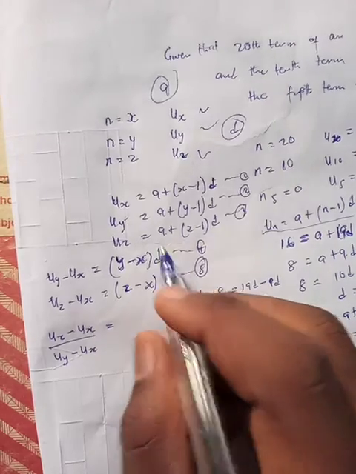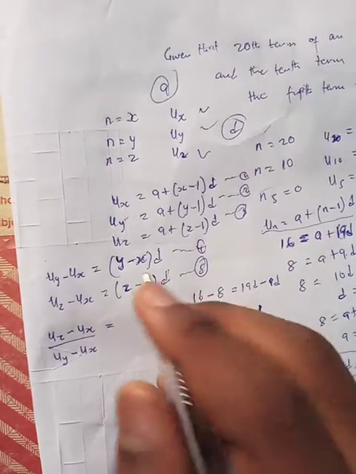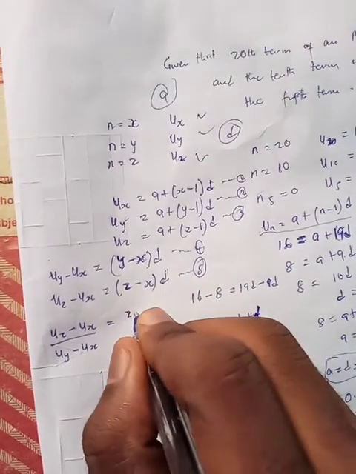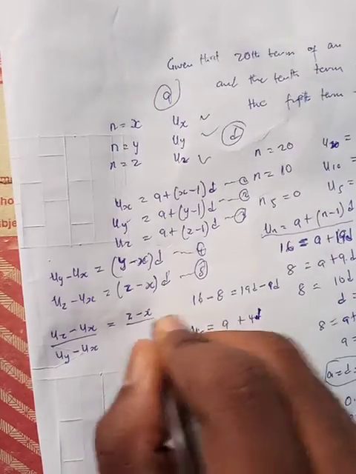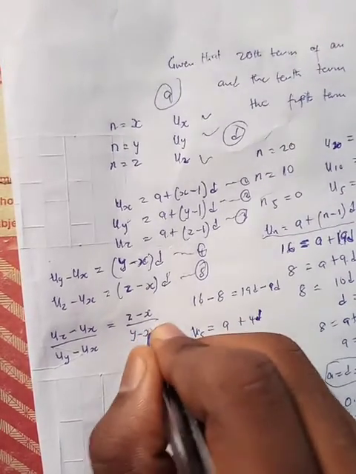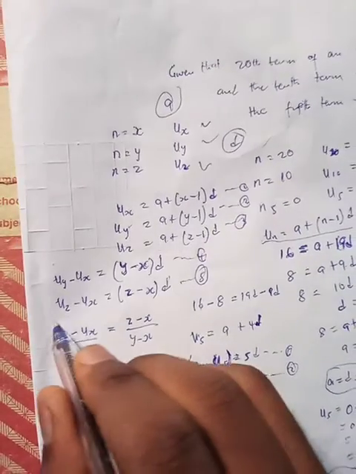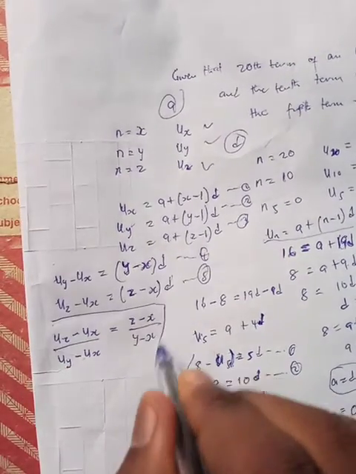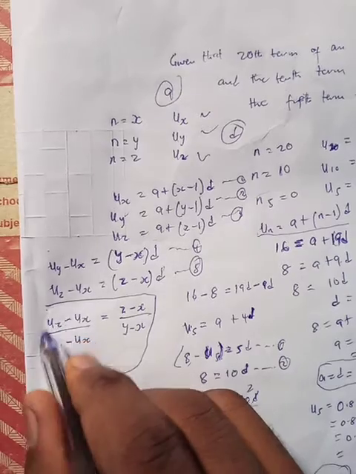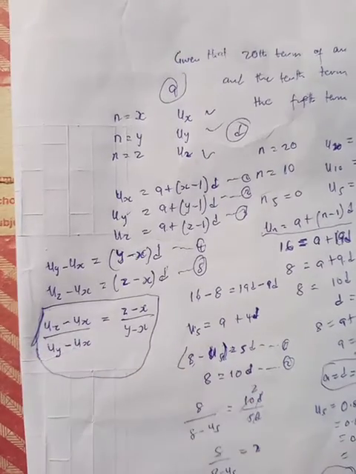When this is divided by this, the d goes away. So we now have z minus x all over y minus x. So simply as this, this is the equation that will give you the fastest answer to that.